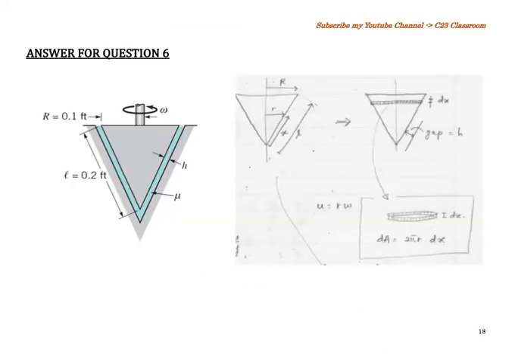Before we solve this problem, I would like to draw a few diagrams for our assumption. So first is this diagram. Let's say we have a triangular cone shape here, and then we have the top point here, which is the maximum value of R, and then we have a small r showing the various values of radius.